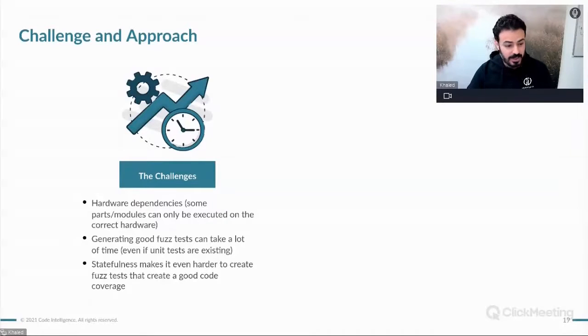So this is impractical, and it becomes even more difficult with statefulness, because what we've seen in the example is that we have a fuzz test that calls a single function.